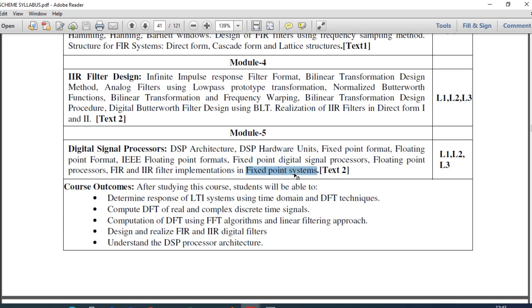To perform any multiplication or addition, we are using a standard Q15 format, which controls the overflow of the result. Using that concept in the fixed point system, we are going to implement a digital filter like the FIR filter. Okay, so now I'll move on to the topic.